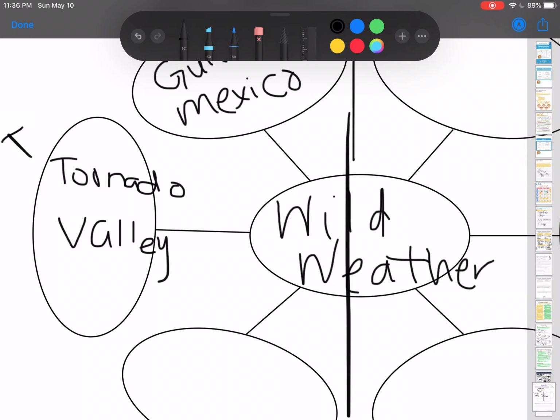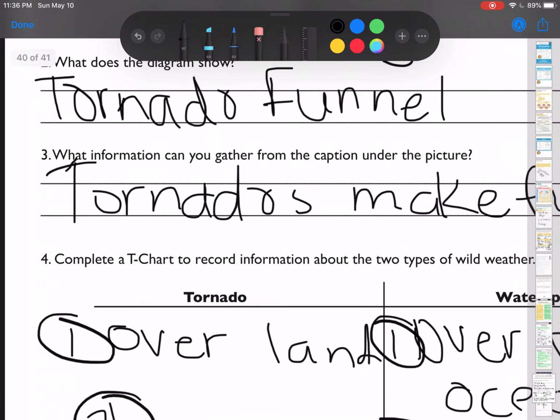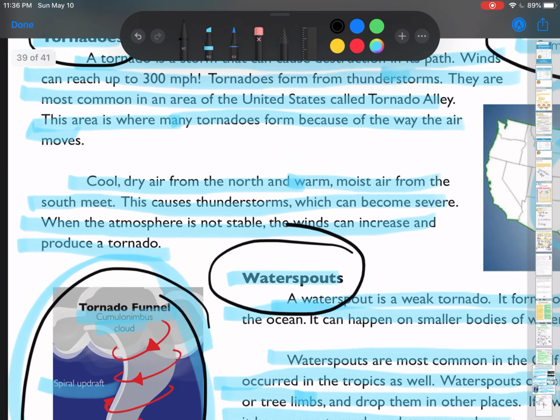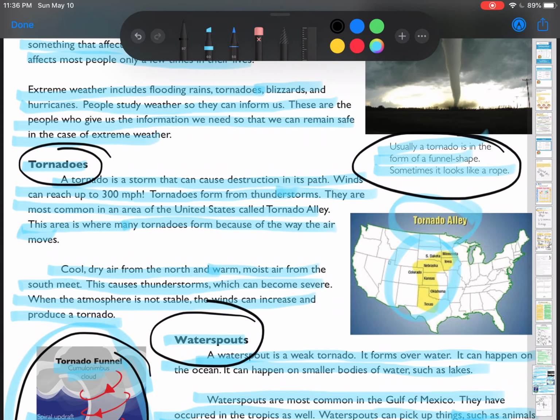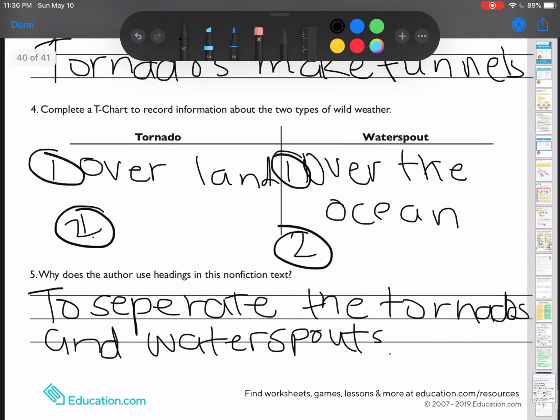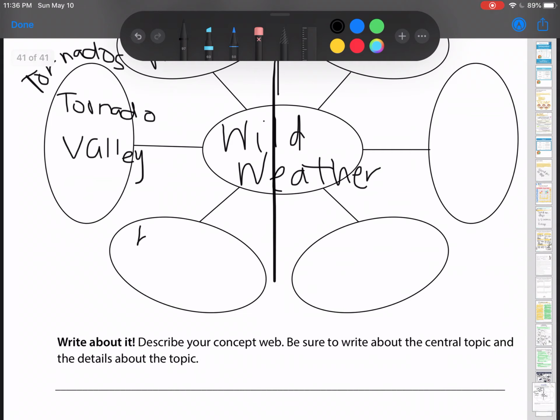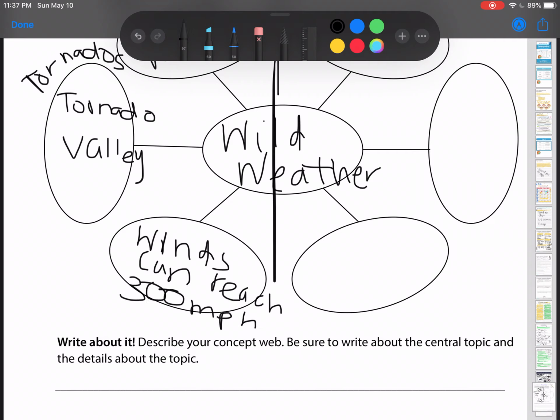This one was about tornadoes. And let's find one more detail from our story. Winds can reach 300 miles per hour, and this was about tornadoes.